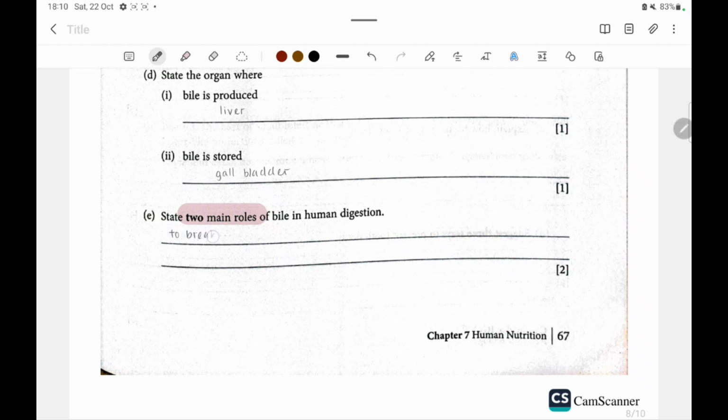So this one is to break up large droplets of fat molecules into smaller droplets, or you can straight away write to emulsify lipid molecules. And then second one, what else?